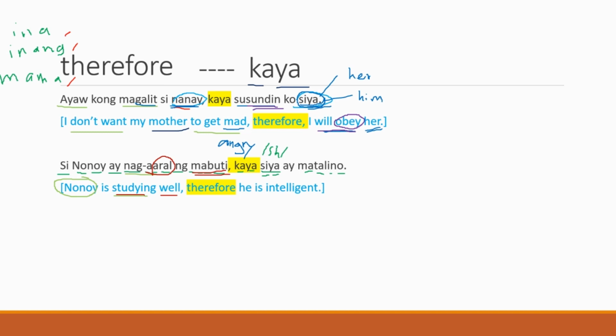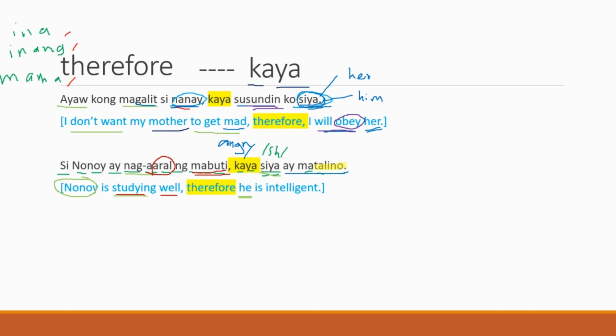Next we have siya for he. Is intelligent. It is ay matalino. Matalino, the root word for that is talino.